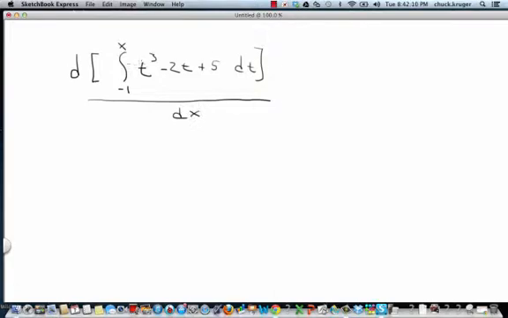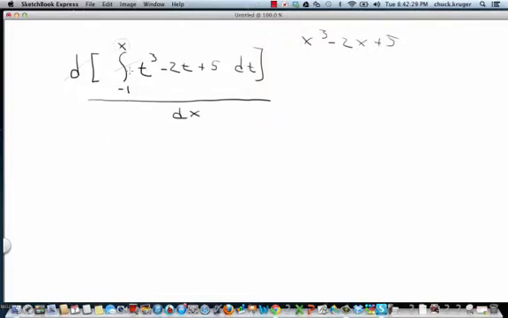Based on my last experience, maybe I'll get x cubed minus 2x plus 5 as my answer. I could skip all this work and go directly, because this derivative and this integral kind of cancel out, and all I have to do is direct substitution.